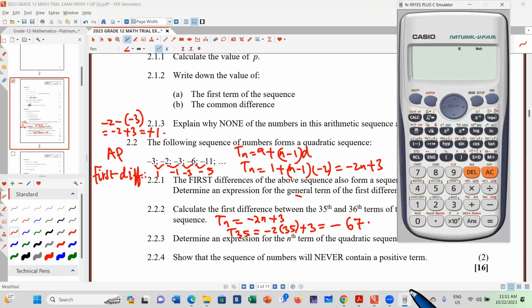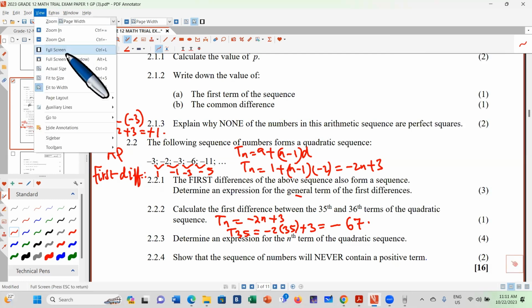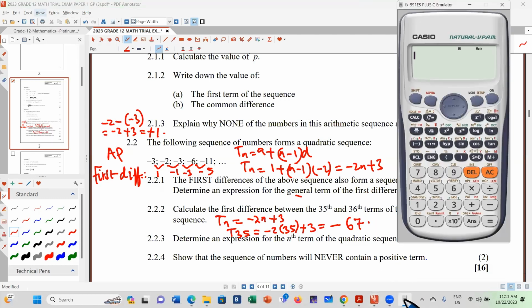Okay, here is my calculator. Right. With that said, let's calculate together. So I want to say -2 minus into -3.